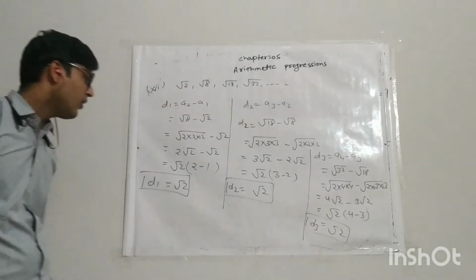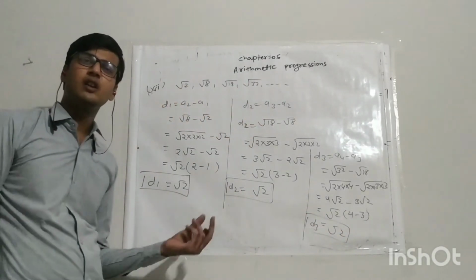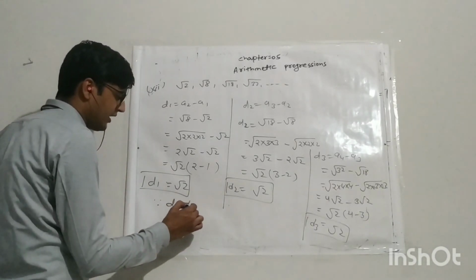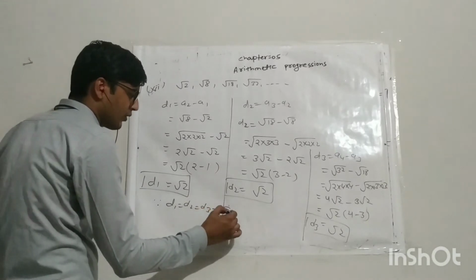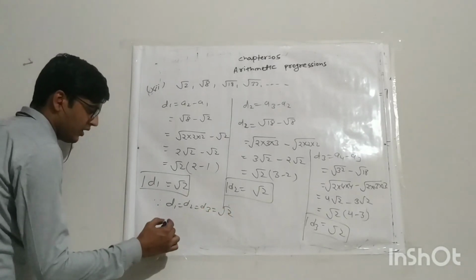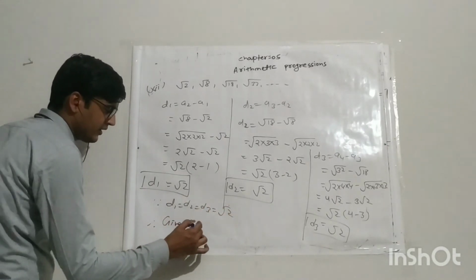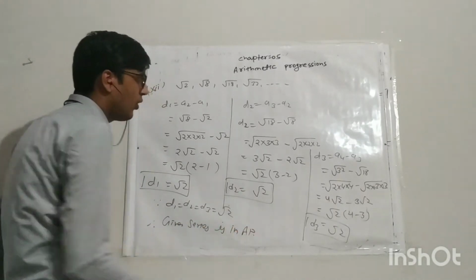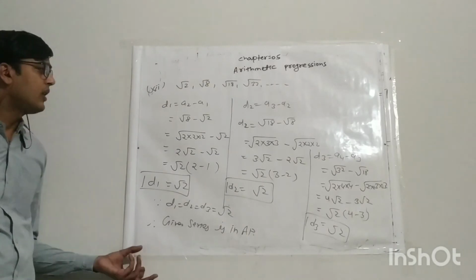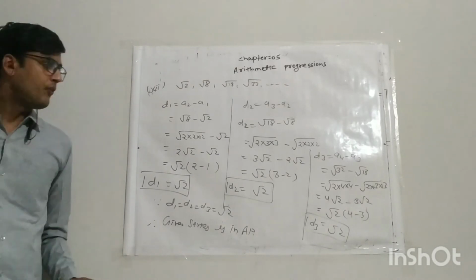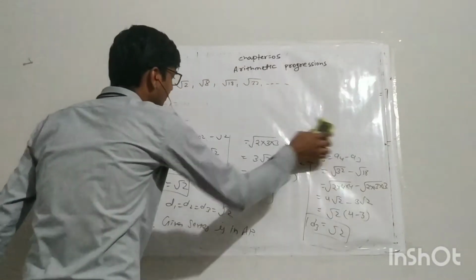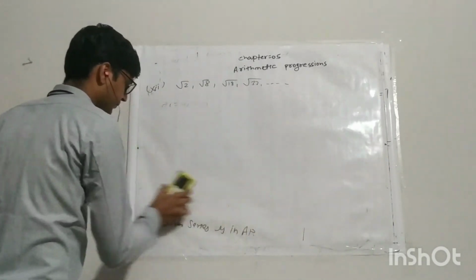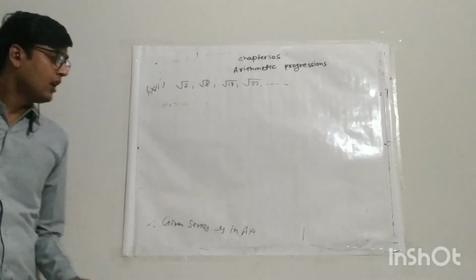So here all values of D1, D2, D3 are the same. So we write, since D1 equals D2 equals D3 equals root 2, therefore the given series is in AP. So this series is in AP. So we write the next three terms. Here the common difference is root 2.